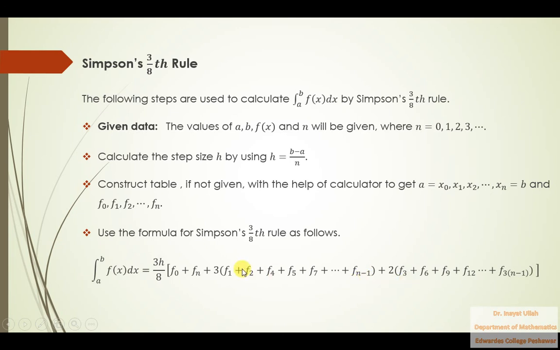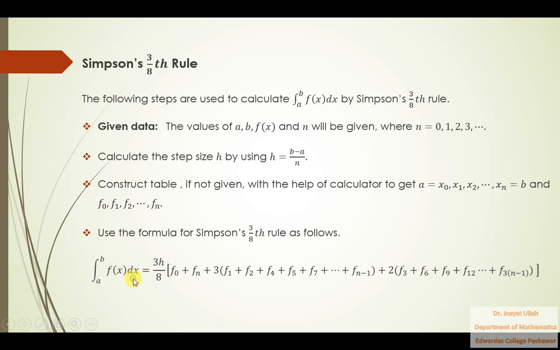What are the rest of the function values? F naught is there, so there is f1, then f2, f3 is there, so there is f4, then f5, f6 is there, so that is f7, f8, f9 is there, and so on. So this is called Simpson's 3/8 rule to find the approximate value of this definite integral.